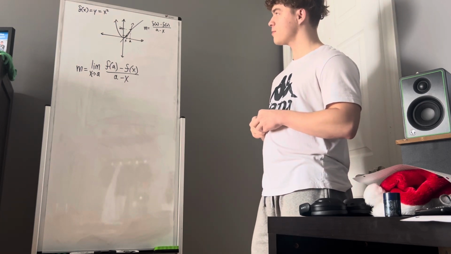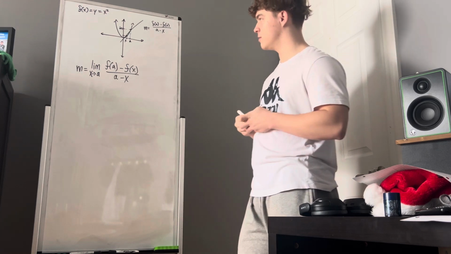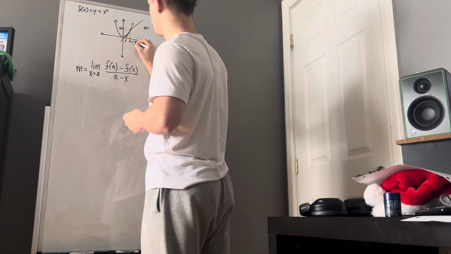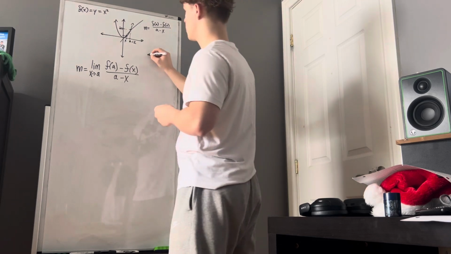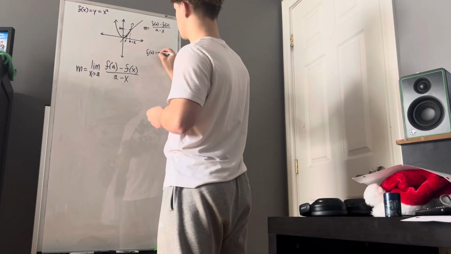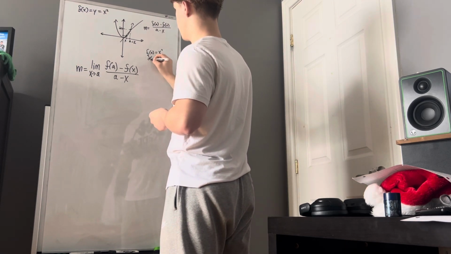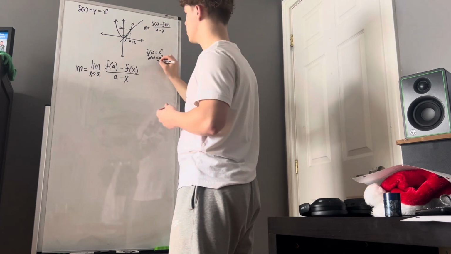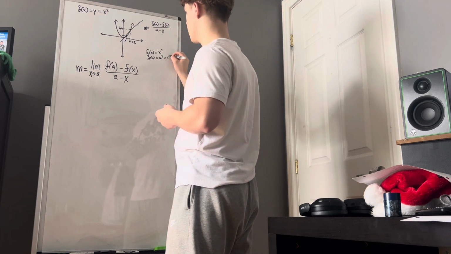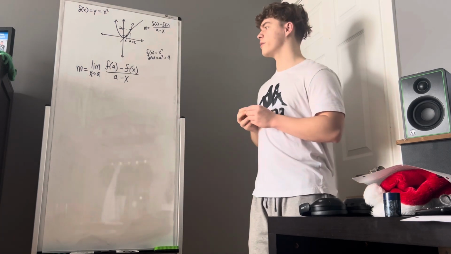So, let's call a 2. Let's say a equals 2. What's the slope at 2? Well, f of x equals x squared. So f of a is just a squared. a equals 2, so that equals 4. 4 is 2 squared.